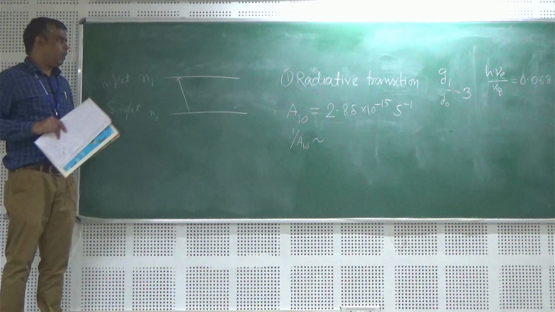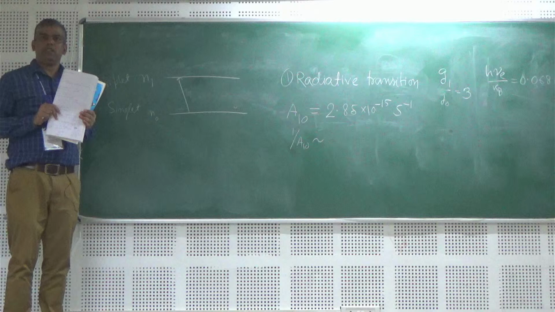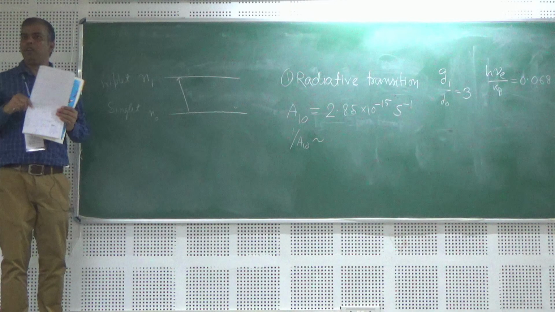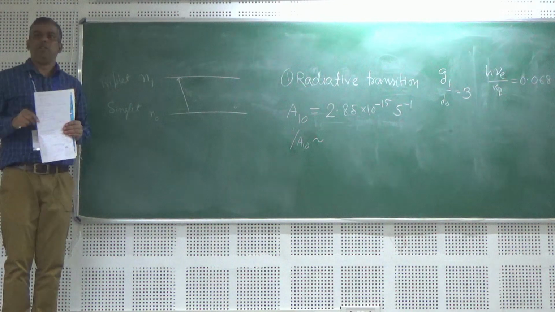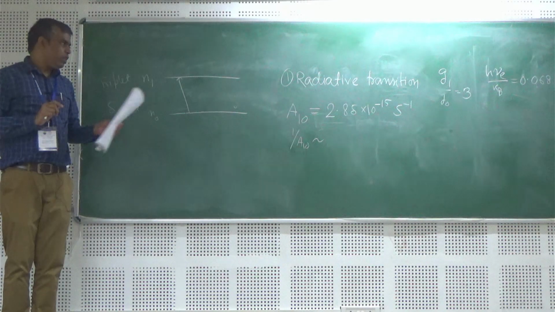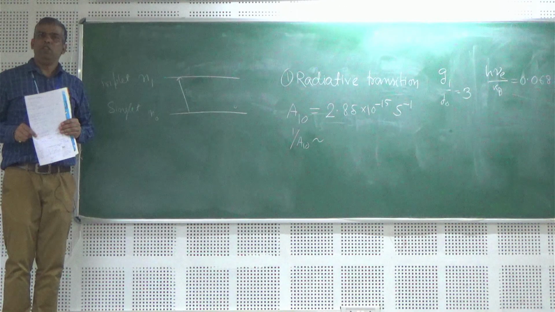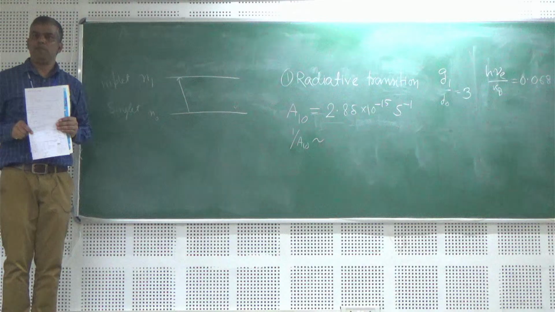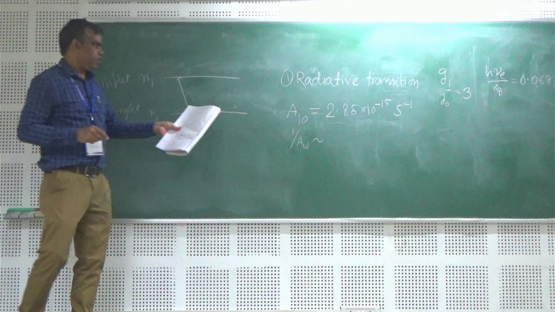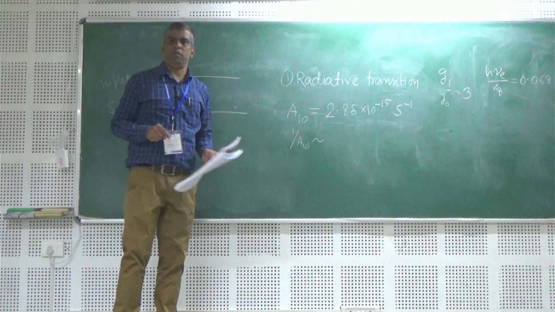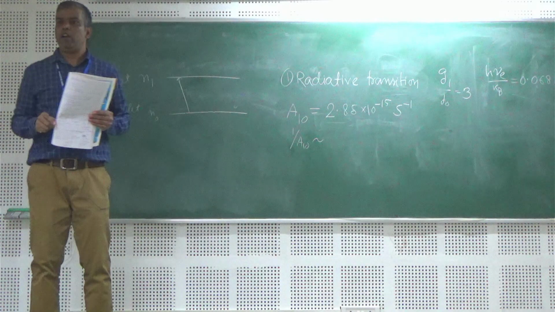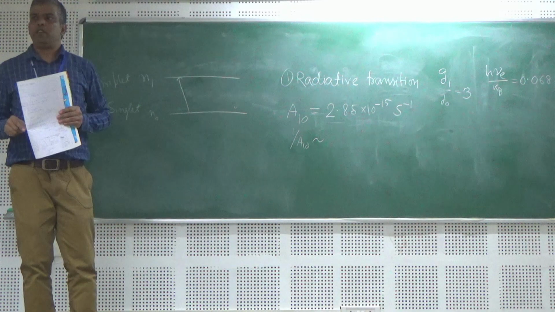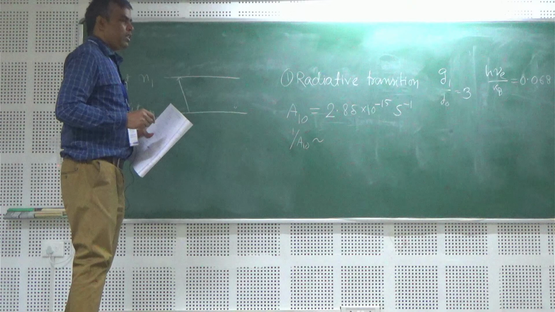But then why is it so interesting? We have a huge number of neutral hydrogen atoms in space, so although the decay rate is extremely small, we have a detectable signal.